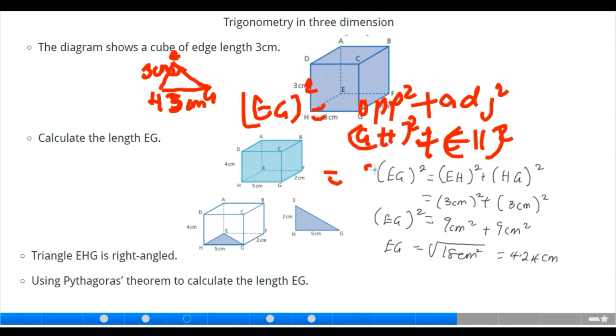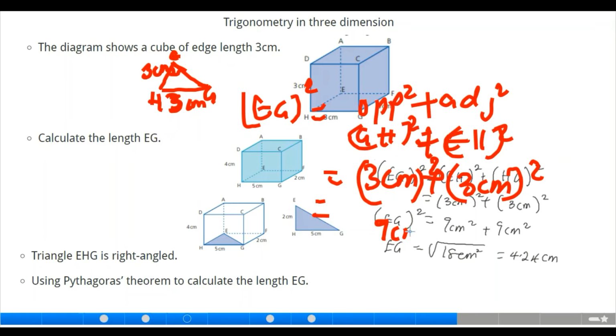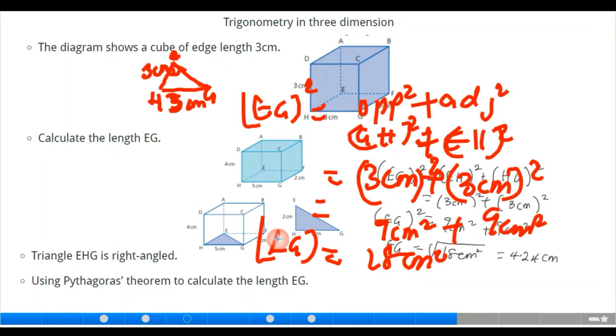So which is what? 3 centimeters plus 3 centimeters. Remember, we are putting it all squared. So we have 3 centimeters all squared, that is 3 times 3, that is 9 centimeters squared, plus 9 centimeters squared, and that will give us 18 centimeters squared. Remember, we are looking for EG and it has a square, so we are introducing a square root, and that square root will cancel the square.